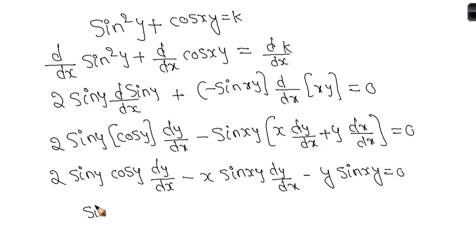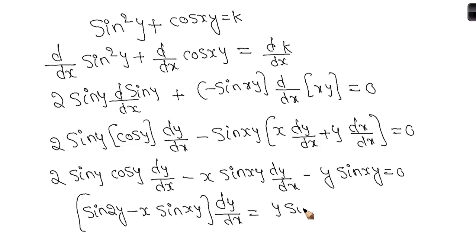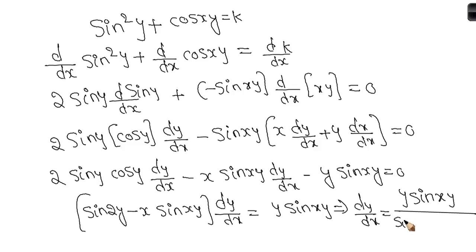So this can be written as sin 2y minus x into sin xy into dy by dx is equal to y times sin of xy. Therefore, dy by dx is simply y sin xy upon sin 2y minus x sin xy.